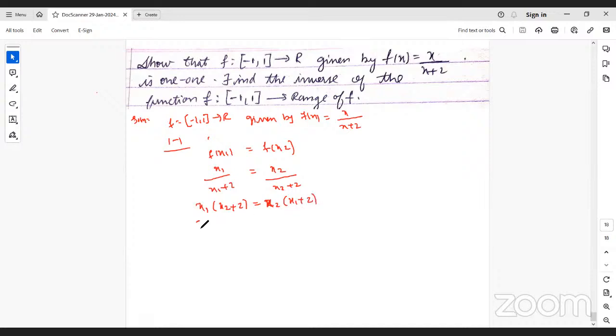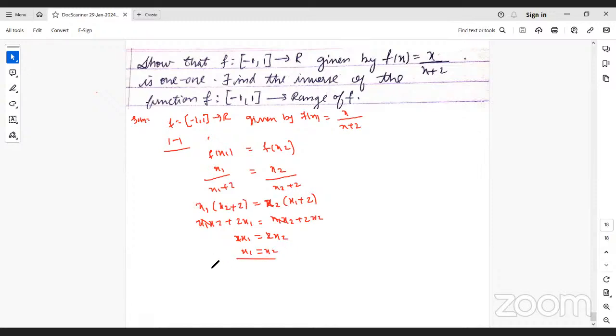On simplifying, we get x1 x2 plus 2 x1 is equal to x1 x2 plus 2 x2. x1 x2 and x1 x2 will cancel off. So 2x1 is equal to 2x2. 2 and 2 will cancel off. So we get x1 is equal to x2.